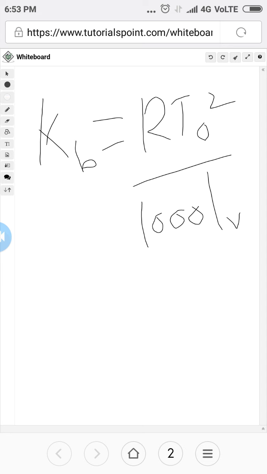We repeat again: Kb is equal to R T naught squared by 1000 LV, where R is the universal gas constant, T naught the boiling point of pure solvent, and LV the latent heat of vaporization per gram of the solvent.